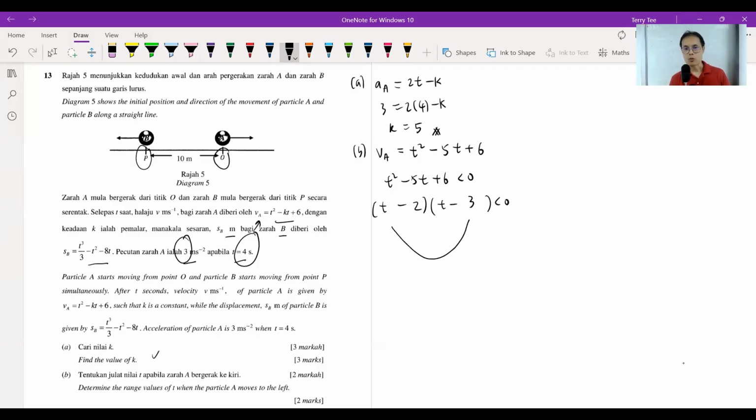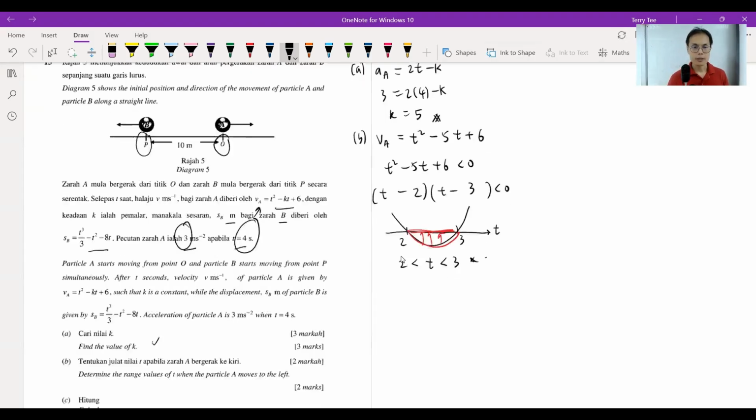So this is a quadratic inequality. We solve it by using a graph. The roots are 2 and 3. Less than 0 means the region should be below here. My t value is between 2 and 3. So that means there's a period of 1 second from 2 to 3 where the particle or the zarah bergerak ke arah kiri. Now, done part A and part B.